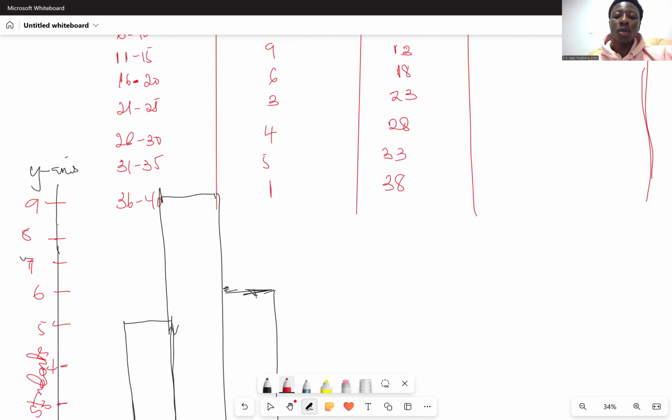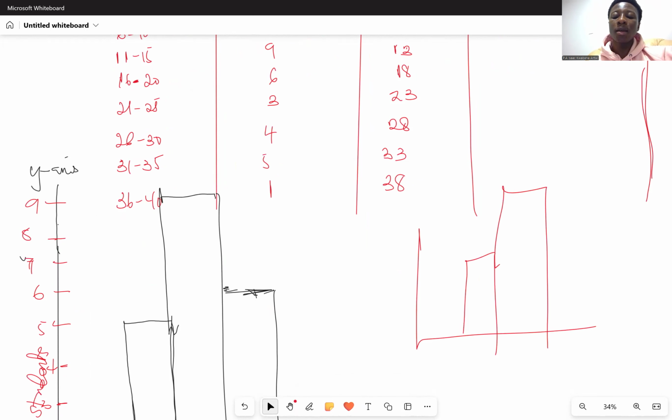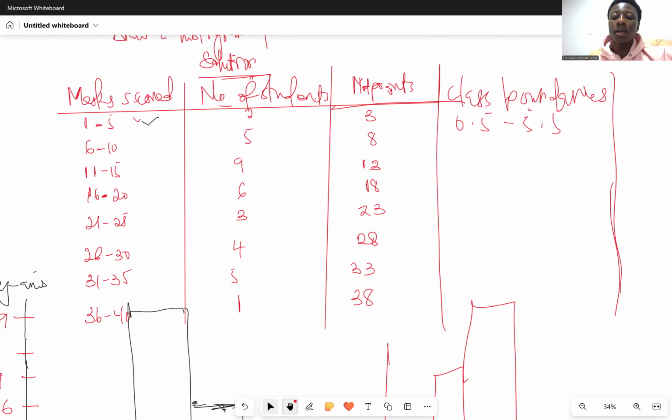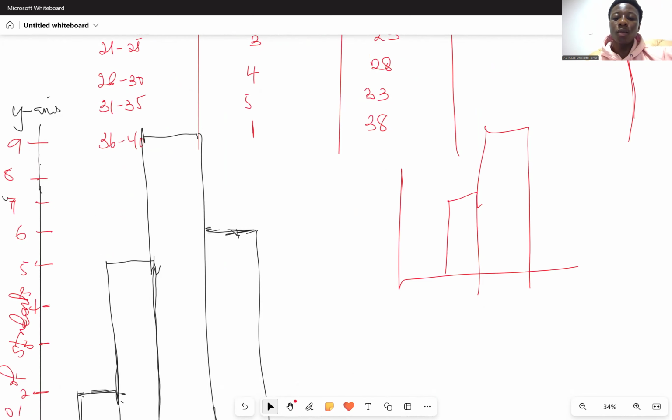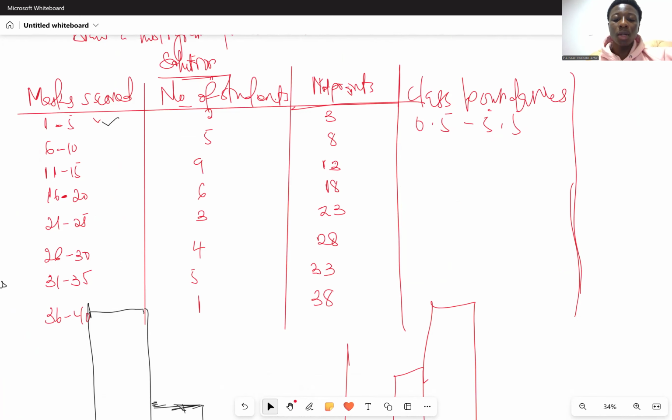When you draw the boxes, then you write the class boundaries at the feet, the legs. So here, you just write 0.5, okay, 5.5. Of course, the next box.